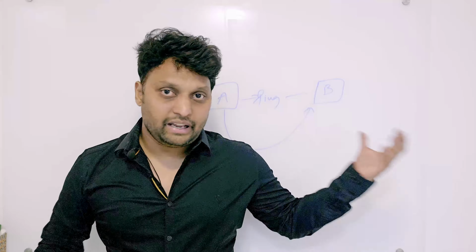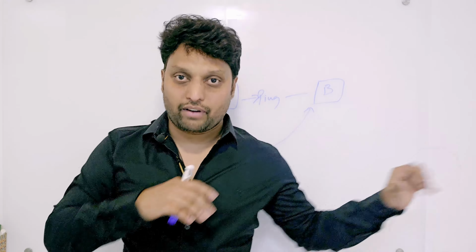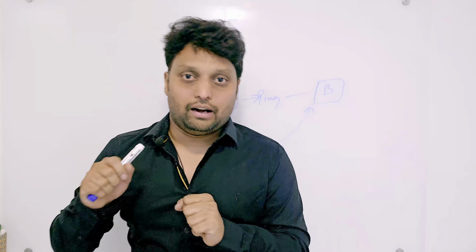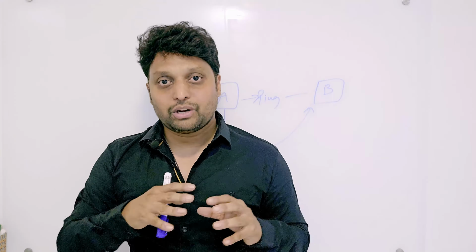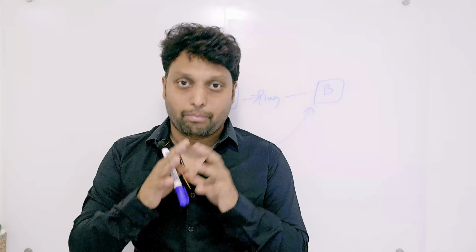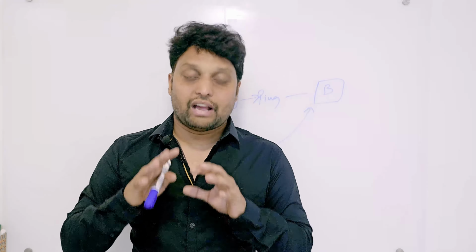Once B receives that, it will respond back saying, hey, I'm available, I have received your packet, and it will give a confirmation. Once we receive a confirmation from machine B, that means the ping is successful. What exactly it means is the machine is available.